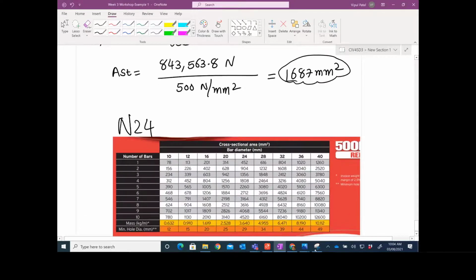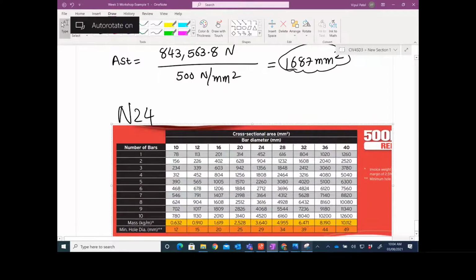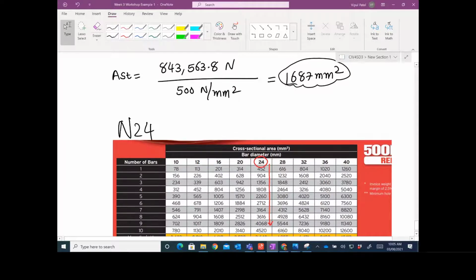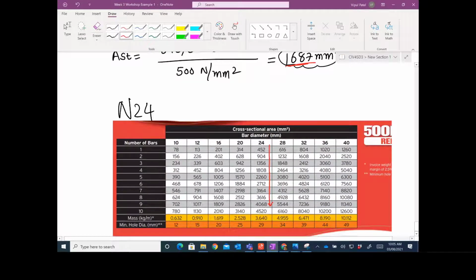Let me help you out to explain that. Now we have N24, right? So we can just go down here. Now how are we going to go down? We need to find 1687. 428 millimeter squared area, no, you can't use that. 902, we can't use it because it's smaller than 1687. That sounds good: 1808.